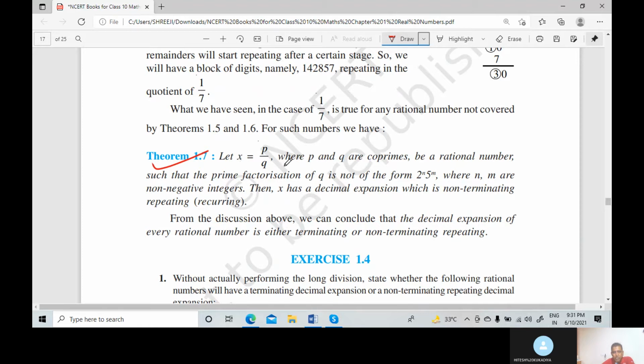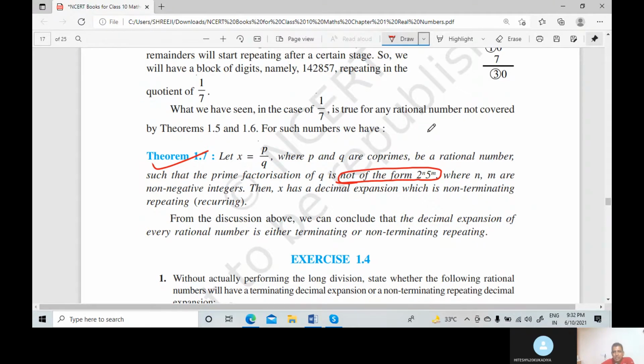Let x equal to p upon q, where p and q are co-prime numbers, be a rational number such that the prime factorization of q is not of the form 2 raised to n and 5 raised to m. We have already discussed this one, right?